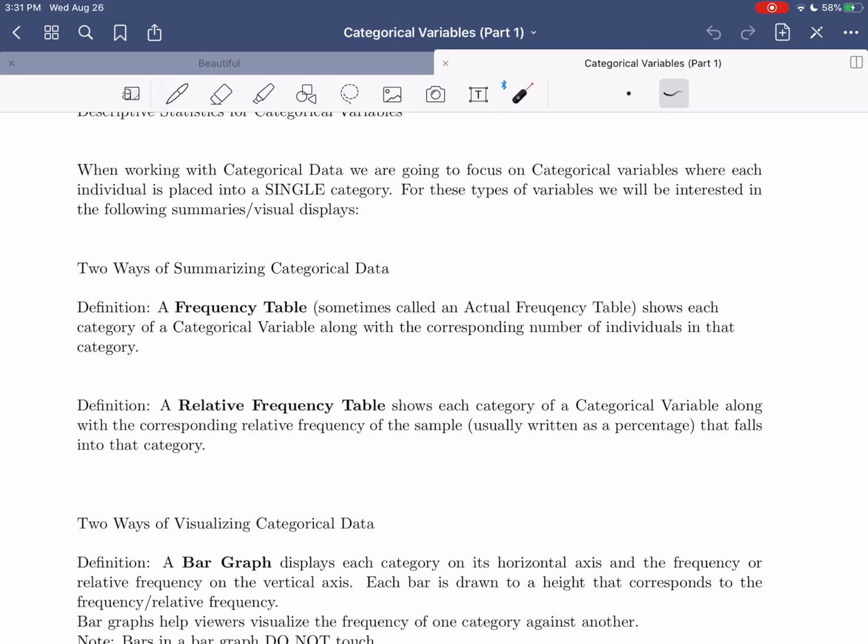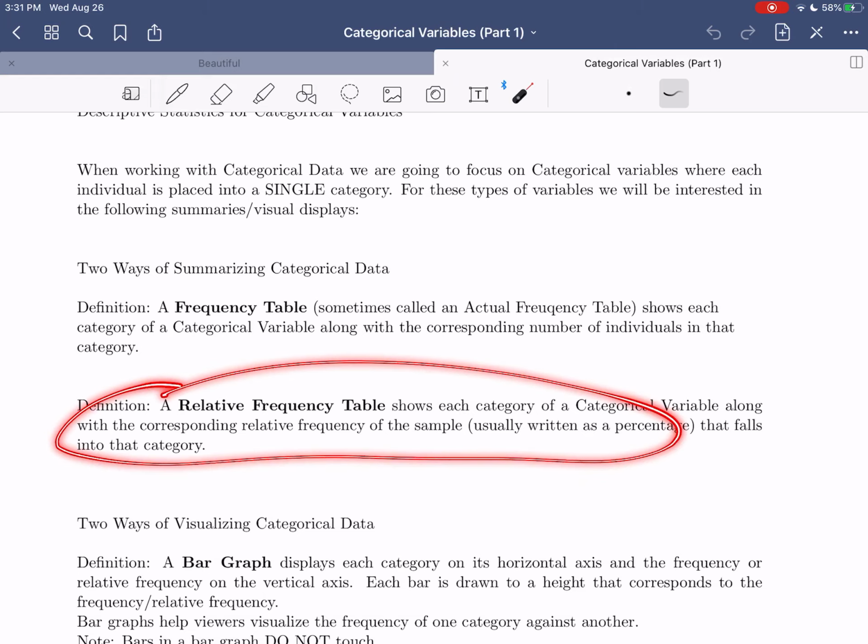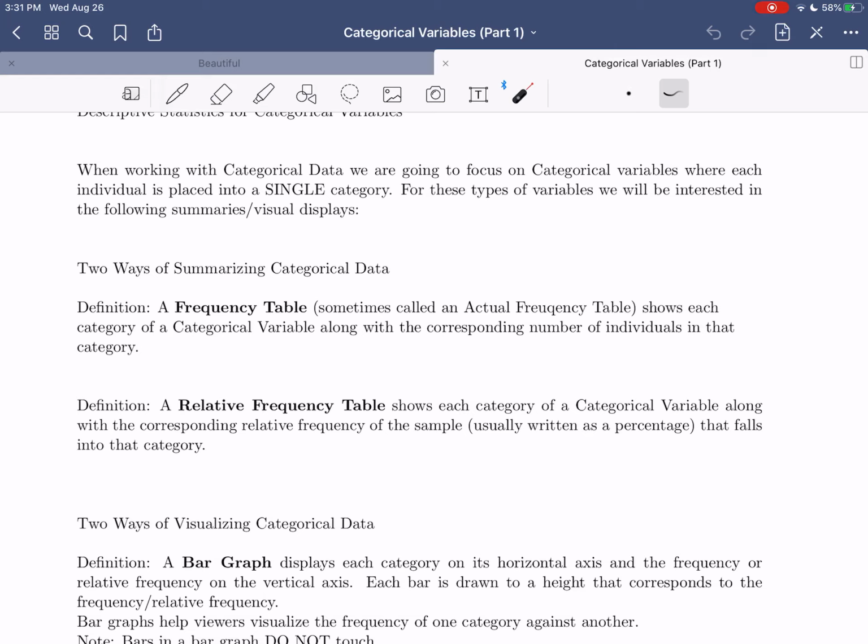All right. Why do we often use relative frequency tables as opposed to frequency tables, or why do we even need to bother discussing this second way of organizing? Well, it turns out, of course, that most people have a much harder time working with really large numbers.